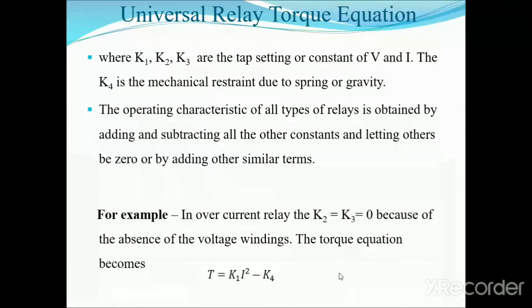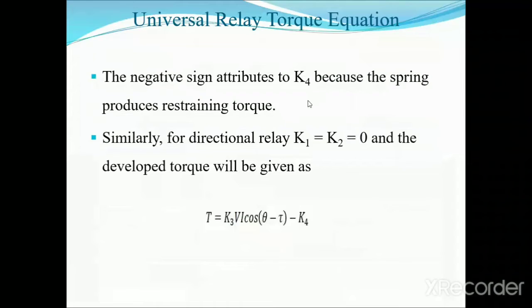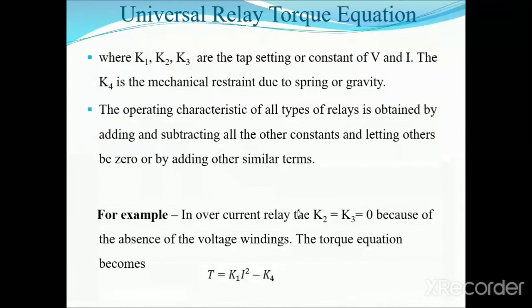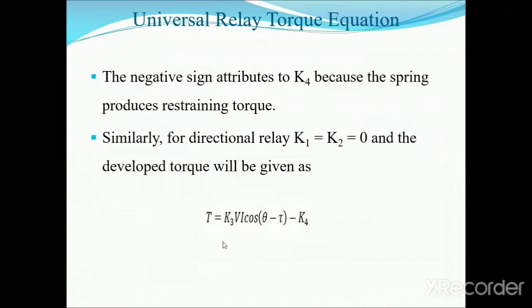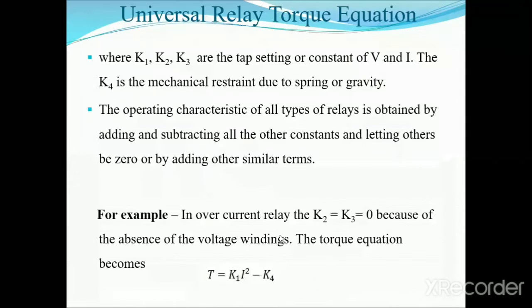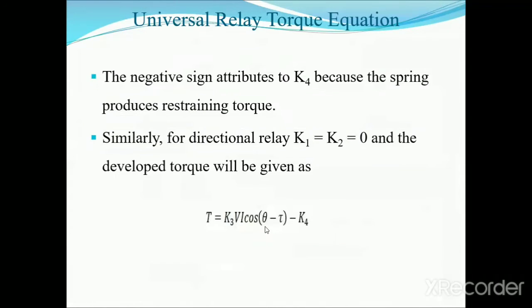But K4 is taken as the minus value, which means the negative sign attributes the spring producing the restraining torque. This is the overcurrent relay torque equation and this is the directional relay torque equation.